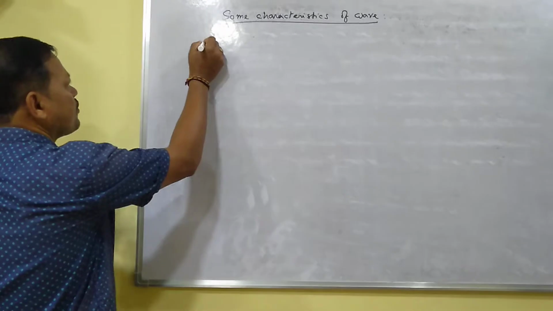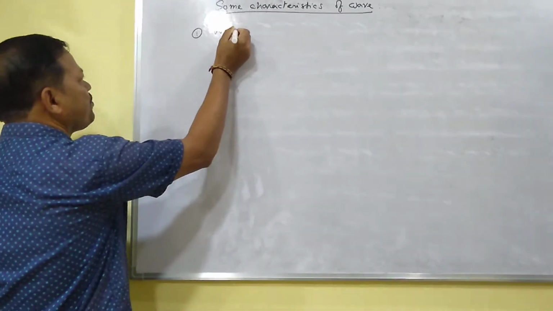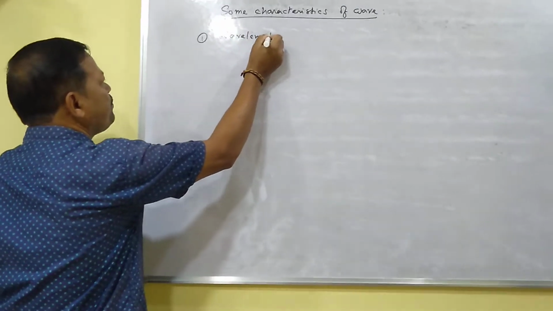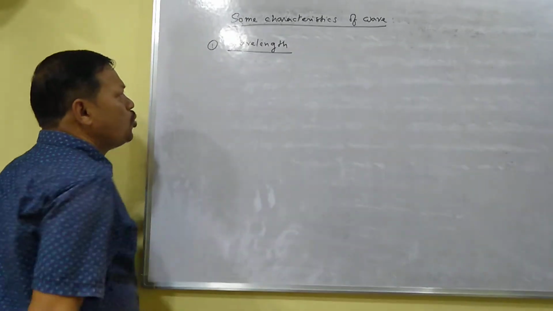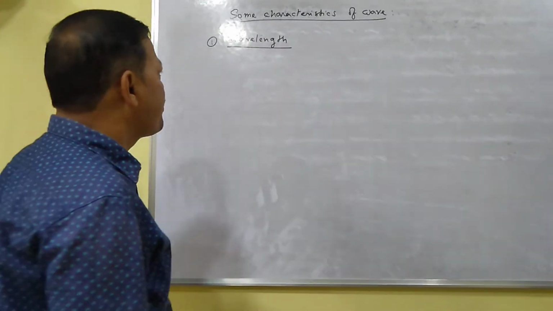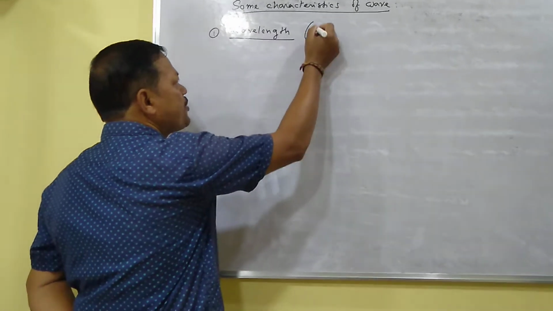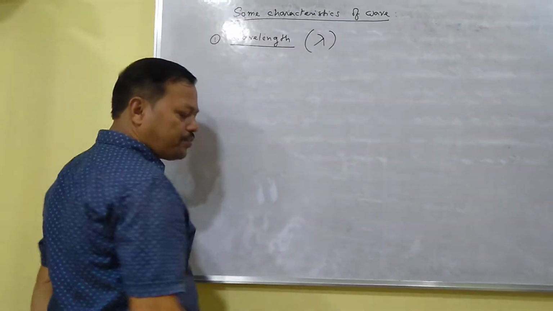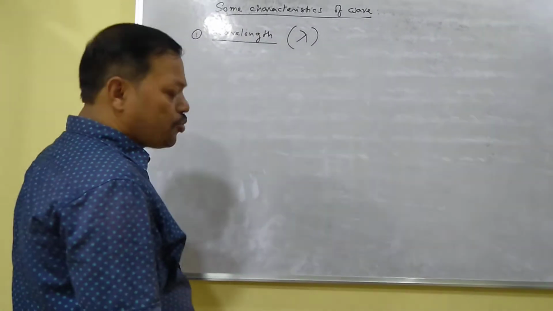Number one, wavelength. Wavelength is one of the properties of a wave, and it is symbolized by the symbol lambda. What is wavelength?